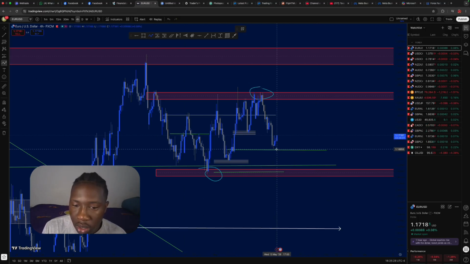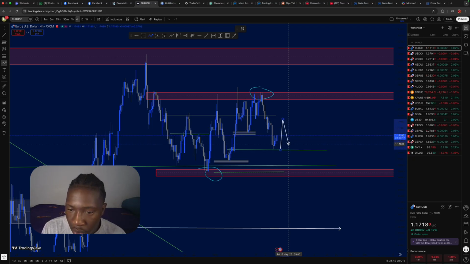So this is the area where the market reached. It's a demand zone. So the market will move to the upper side to reach maybe here, and then it will come back again to the downside like this. It is going to do that.